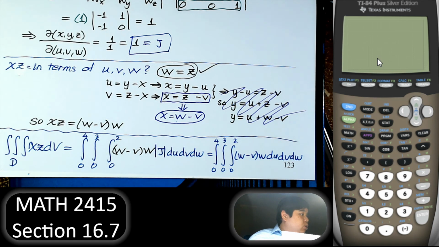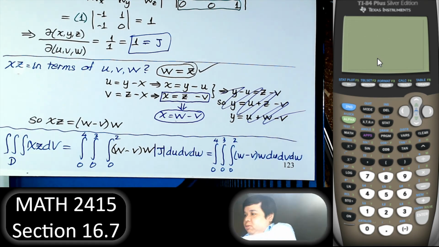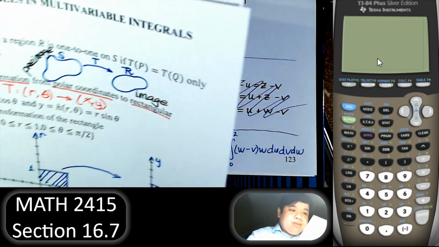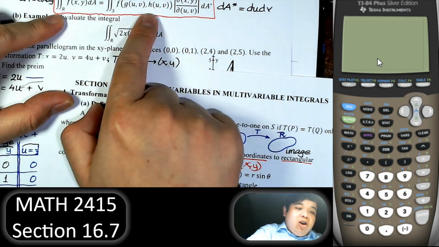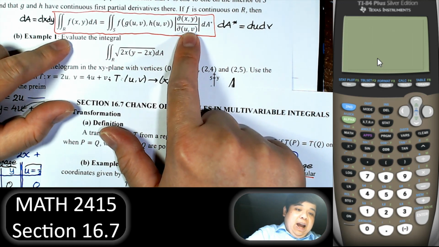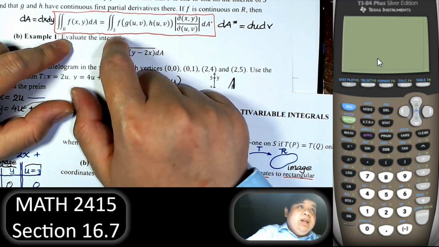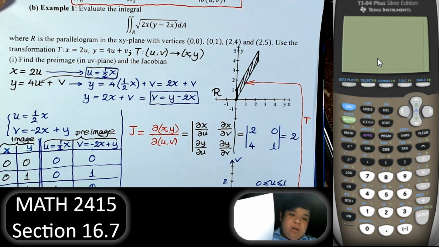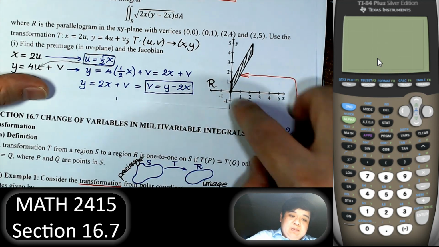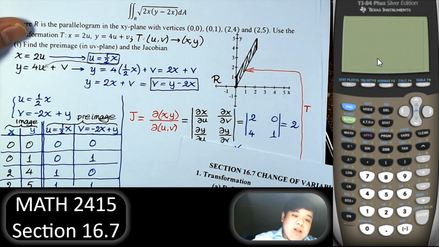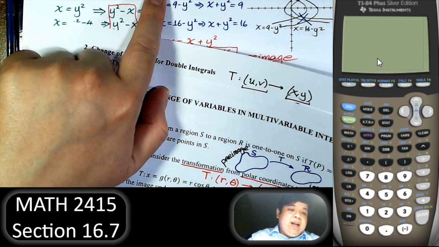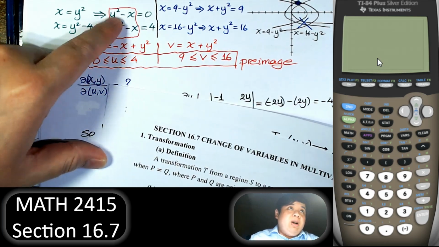So we need to determine three things. Let me find those papers first. Okay, to change the variable, we need to write the function in terms of the new variables u and v. Need to have the Jacobian, and we need to know the limits of u and v. The limit of u and v is determined by the pre-image. Usually, when we look at this, we can write something similar, like this example, where we have the function, then try to find something common on the left hand side.